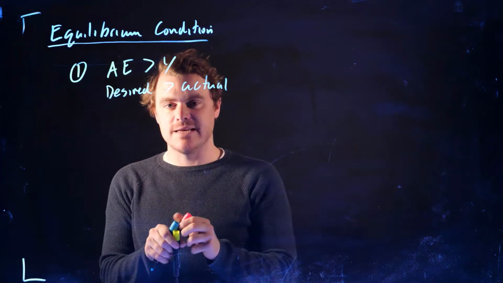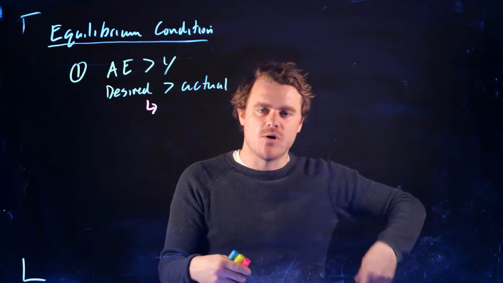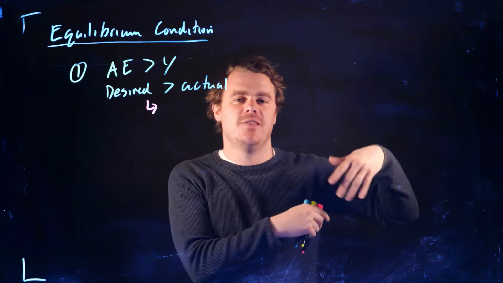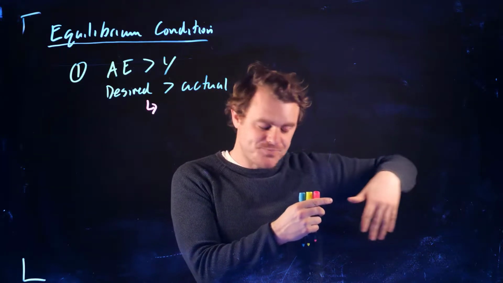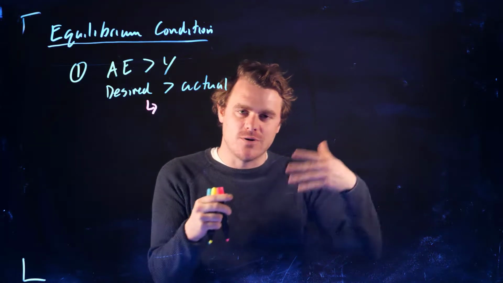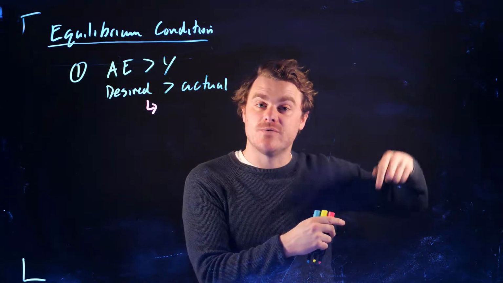What's happening here is that inventories are starting to be depleted, right? People want to buy more than we kind of imagined them wanting to do. As people buy more things, with AE being higher than Y, inventories are falling.